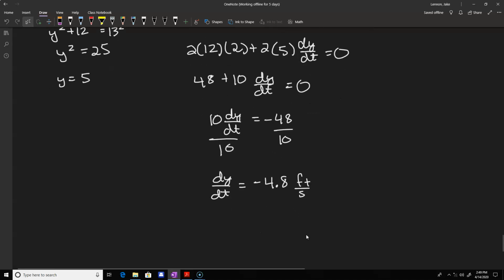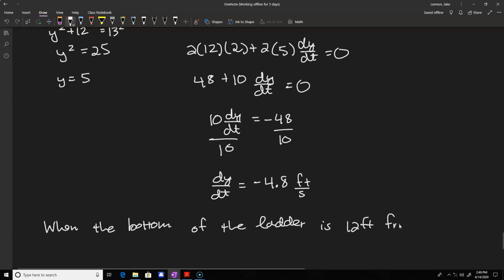So what that tells us is when the bottom of the ladder is 12 feet from the building, the negative just indicates that it's sliding downward.